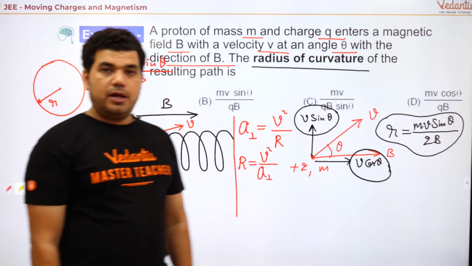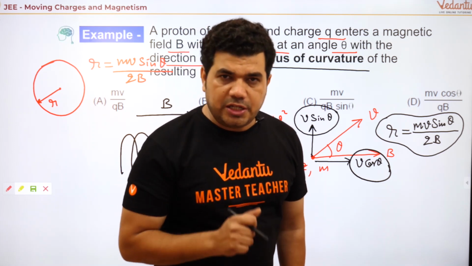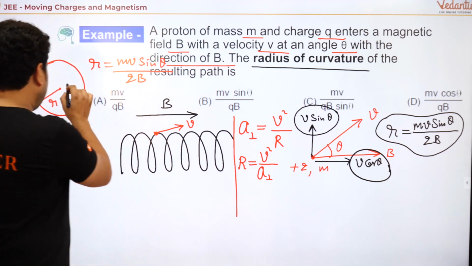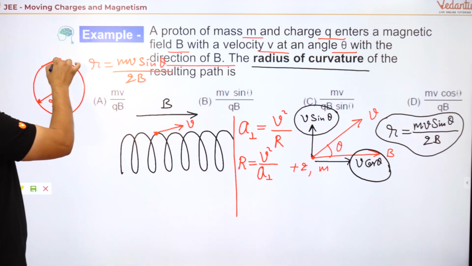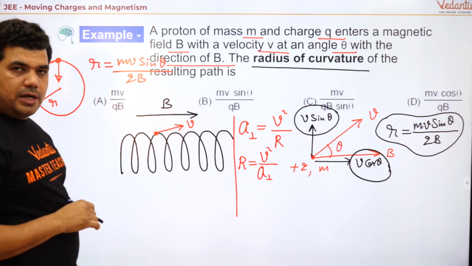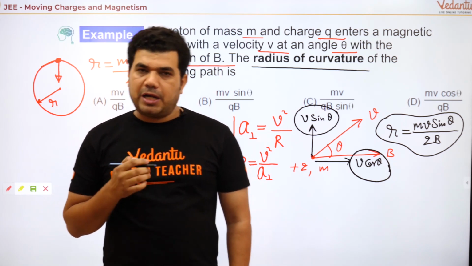What's a here? Yes, a is acceleration. And if a is acceleration, we have to find the acceleration in this case. In this case, the point is here, so acceleration is like this. And this acceleration is due to which force? That force is magnetic force.